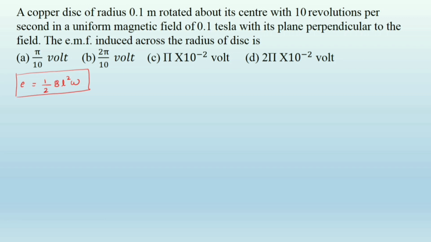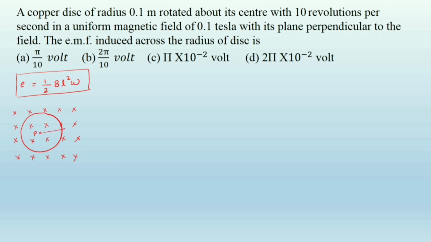See here, let us consider a uniform magnetic field. In this uniform magnetic field, I am going to keep a circular disc. So this is a circular disc, with the center here.